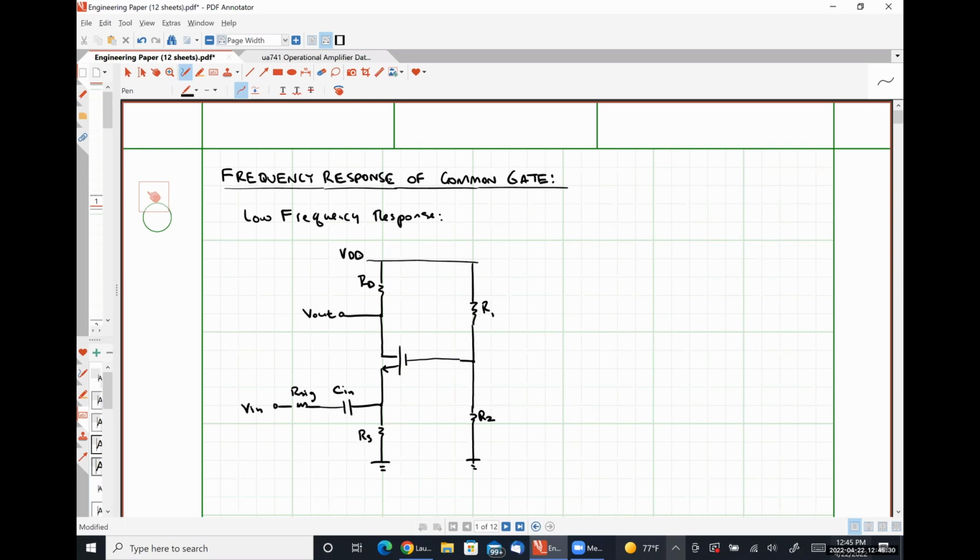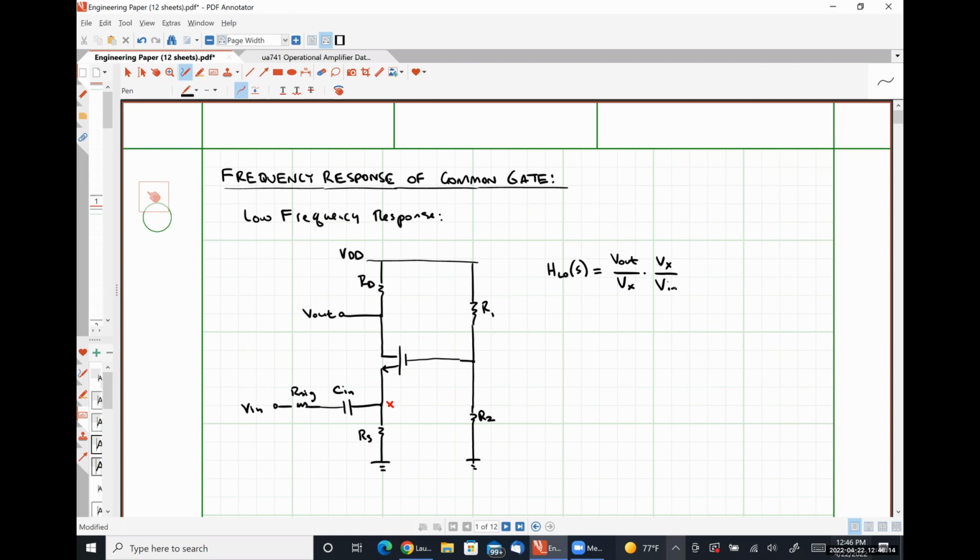So what I'm going to do is I'm going to call this node X. And we are going to find our transfer function as, since this is low frequency, I'm going to explicitly state H low as the ratio of V out to Vx multiplied by the ratio of Vx to Vin, which is exactly what we did for the mid-band gain in 335, okay?